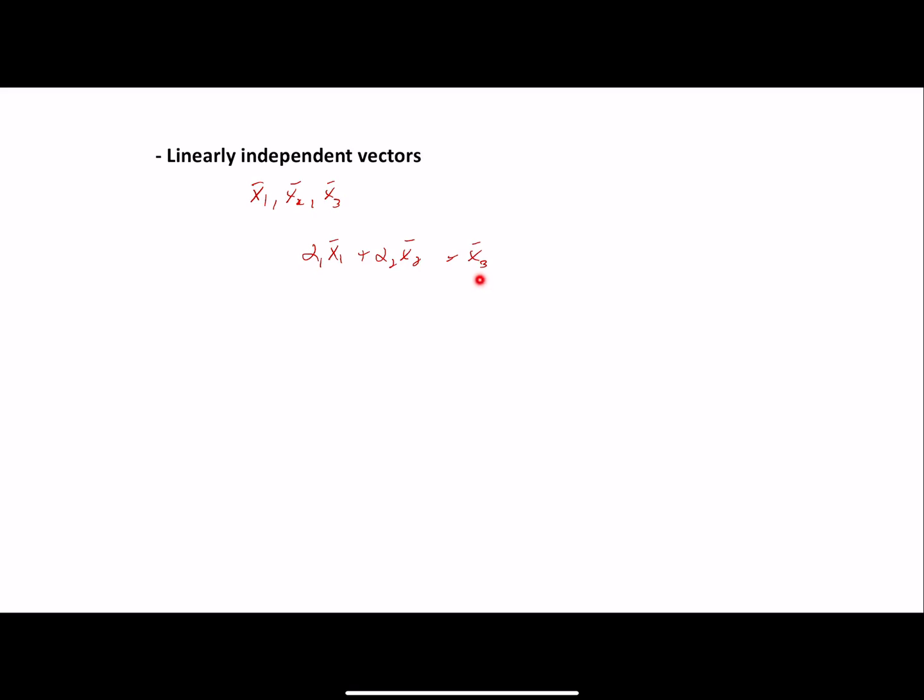Here I put x3 on this side; I could have put x1 or x2. The point is that if it's not possible to find alpha 1 and alpha 2 such that this is true, then the vectors are called linearly independent. So these are just two definitions. When you hear these words, this is what they mean.